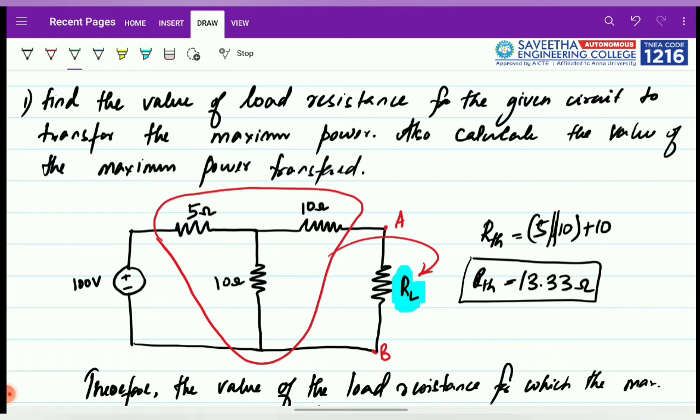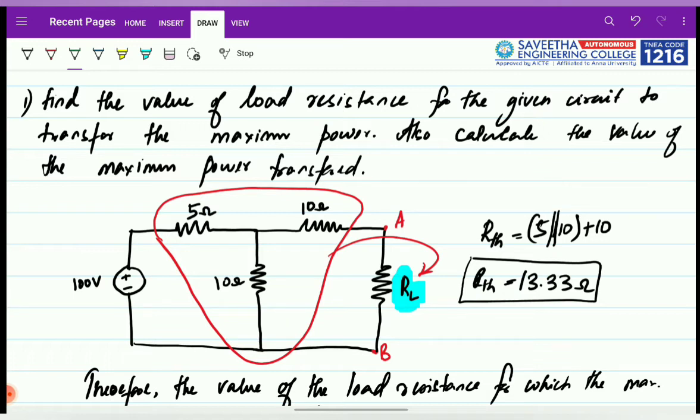You need to find RTH and VTH, and the only condition is that for maximum power to be transferred, the value of RL, that is the load resistance, should be equal to RTH. By finding the VTH value you will be able to find the maximum power that can be transferred. Thank you.